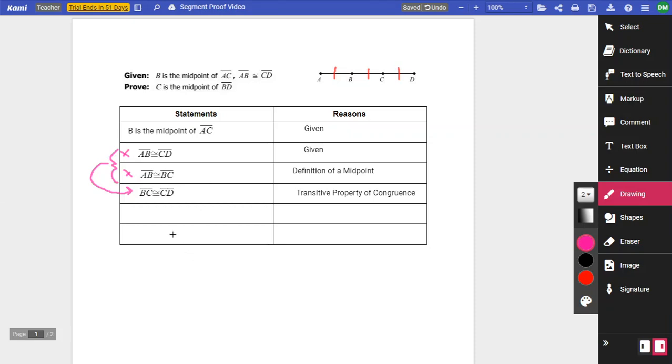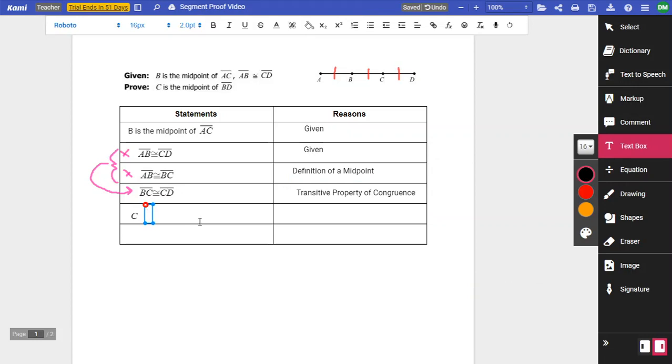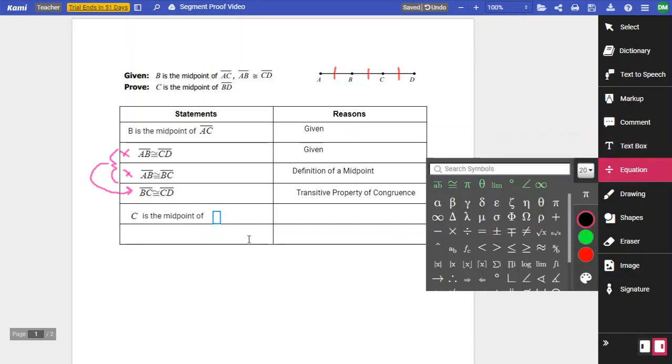Okay, and then let's see, we're actually almost done. So if we've got BC congruent to CD, then we know that C is the midpoint. So let's put that as our statement. So we've got C is the midpoint of segment BD.